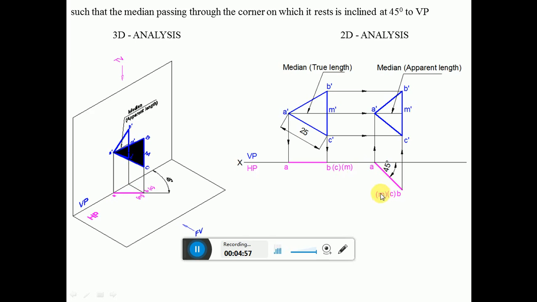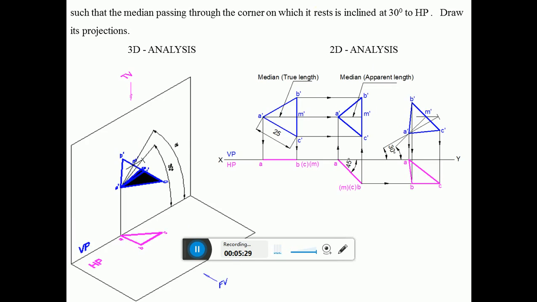So now you are going to get the apparent length here. That is the reason why in the second position you have written the median is apparent length, because AM is inclined to VP. What does apparent length mean? The length of AM, which is the true length line, is going to be more than the length A dash M dash, which is less than this particular length. Okay. Next.